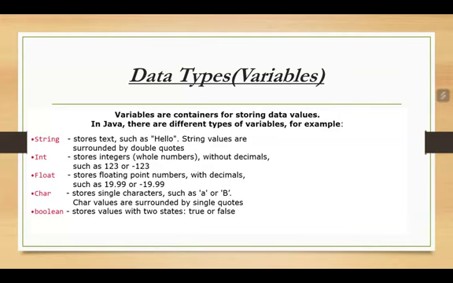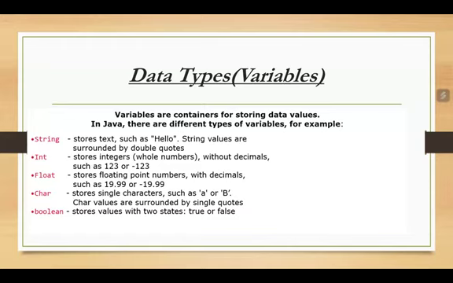For decimals, we have float, which can be used for decimals. After that, char, which stores single characters such as A or B in single quotes. After that, we have the Boolean data type.